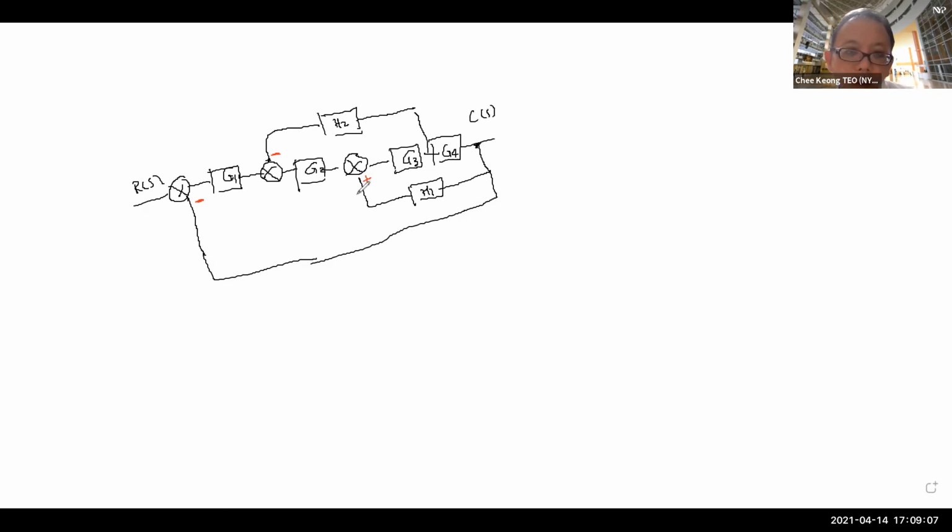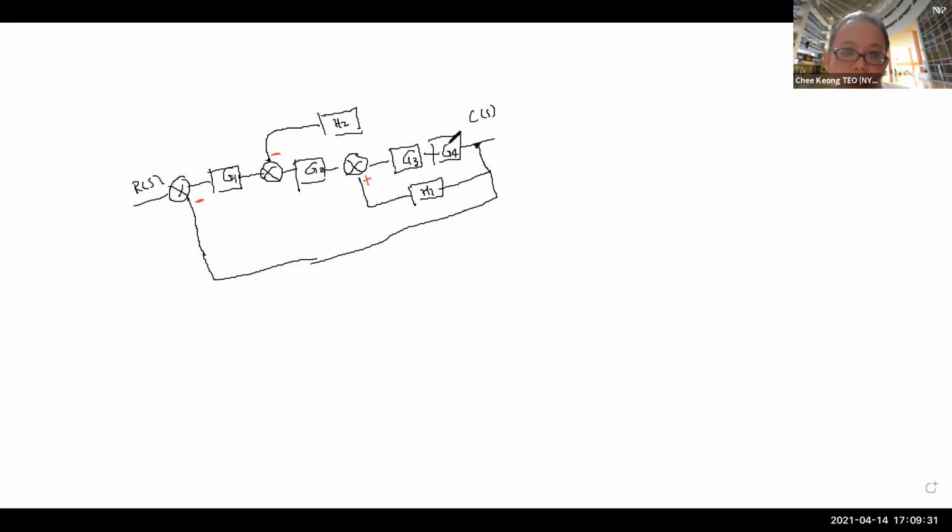Now for me, my first intuition, if I look at this question, is to move this pickup point from here to the front. So I will erase this here. And when I do that, I cannot just put it here, right?